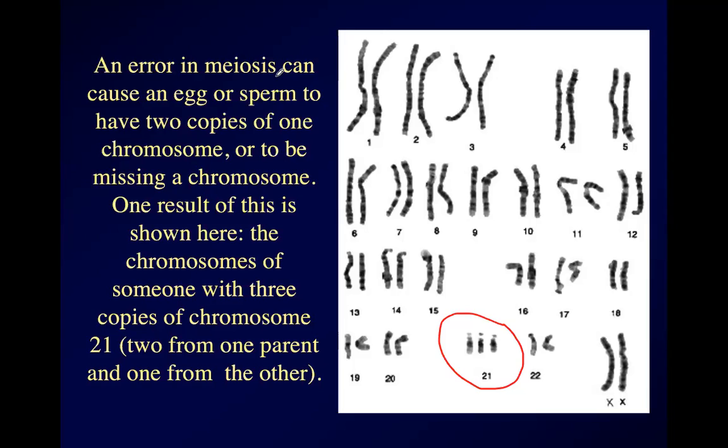So one reason why it's important to understand what goes on in meiosis is that if it goes wrong, you can have a child born with a missing chromosome or an extra chromosome. But if nothing goes wrong, then you inherit 1 of each chromosome from mom and 1 of each chromosome from dad.